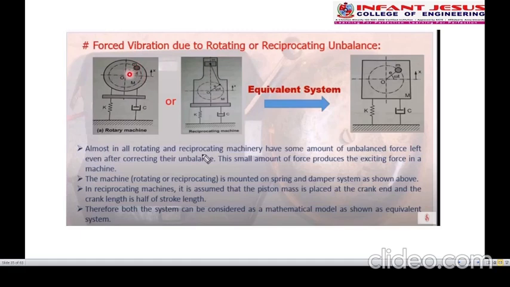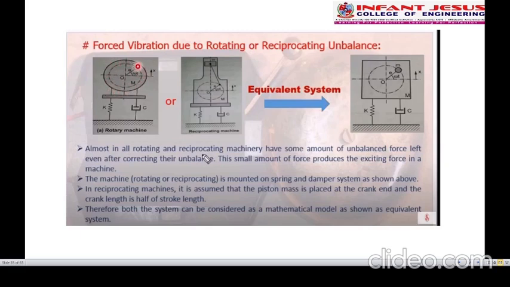So the unbalanced mass is having a radius of e, and it is rotating with an angular velocity of omega in the anti-clockwise direction.